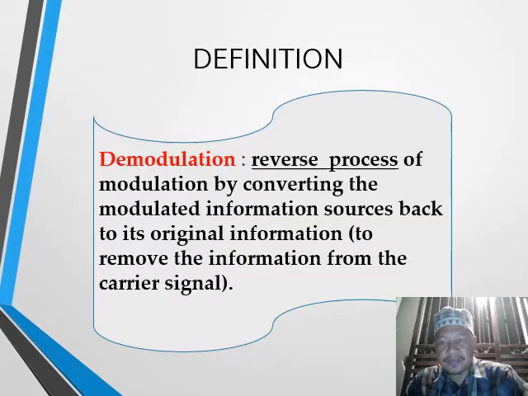Next, the definition of demodulation. After the modulation process at the transmitter, we have the demodulation process at the receiver. Demodulation is the reverse process of modulation. It converts the modulated information source back to its original information by removing the information from the carrier signal.